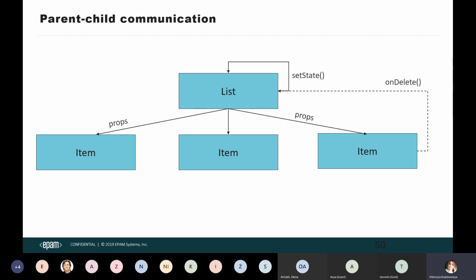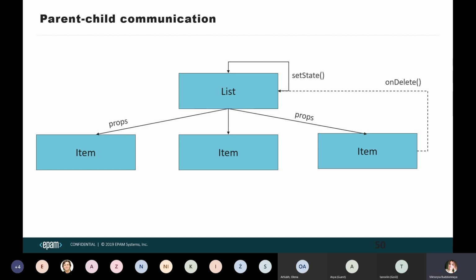But how to change the state of the parent from a child, for example? Why would we need it? Imagine, I already told you about this example, that sometimes some child of the parent can change some data, and this data is required to draw some other child of this component, and this data is held in the parent.